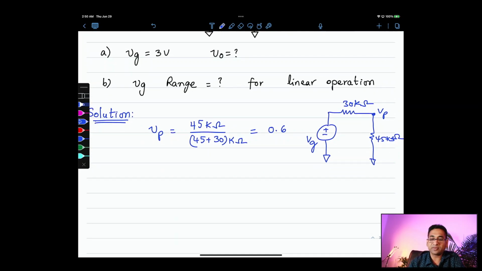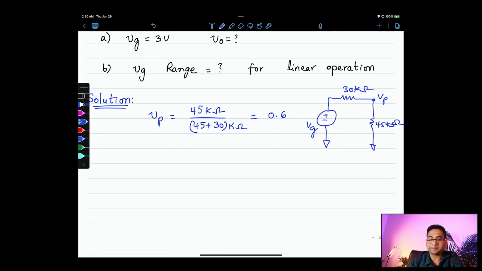Now let's see what else we have. We have Vp known. So now we can apply step number 1, which is to apply KCL at node Vn.